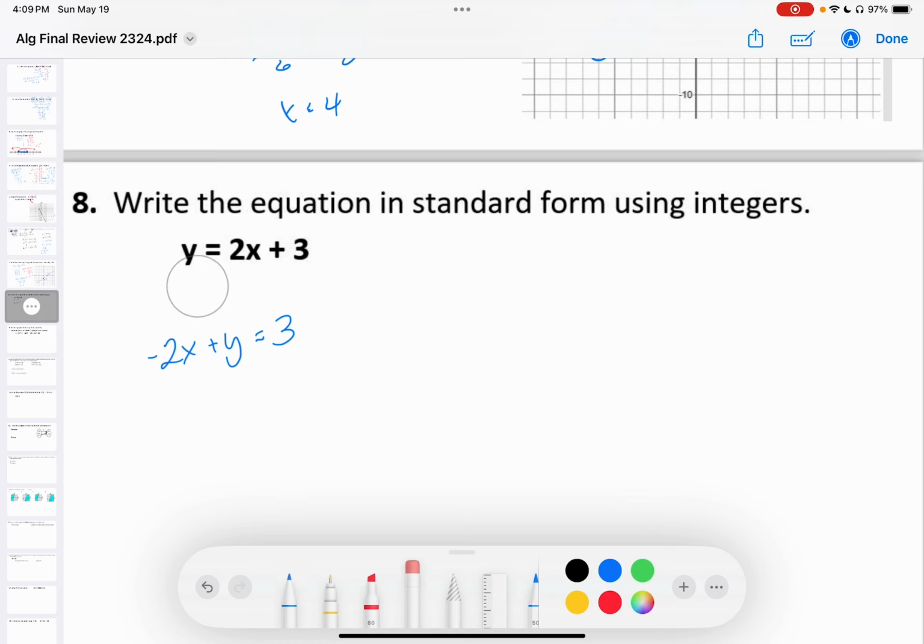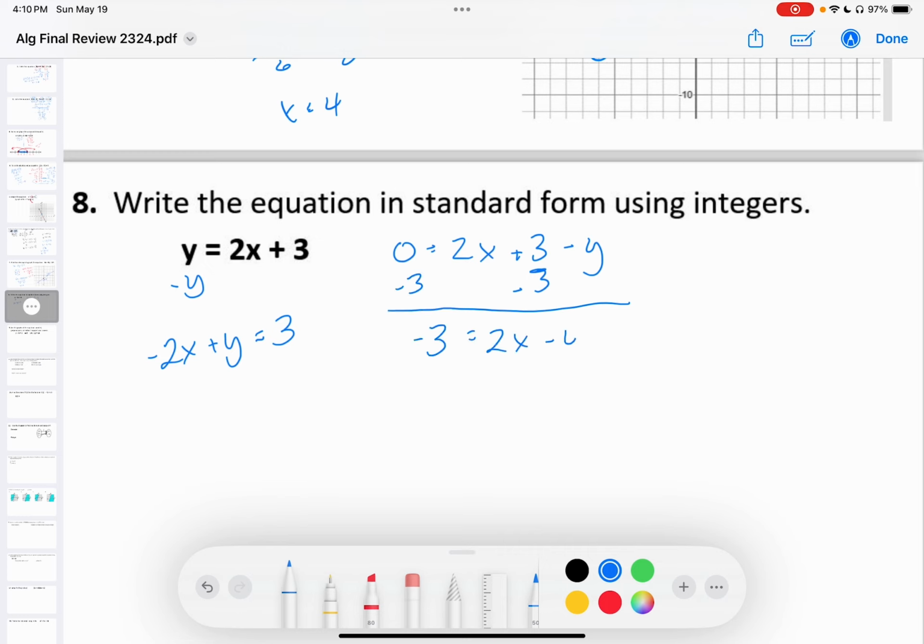Another way to do it would be to have moved the y over, which would then give us 0 equals 2x plus 3 minus y. I don't want this number here, so I'm going to subtract a 3 and subtract a 3, which then leaves us negative 3 equals 2x minus y. Again, either of those two would work. Obviously, the first way was a little bit easier.